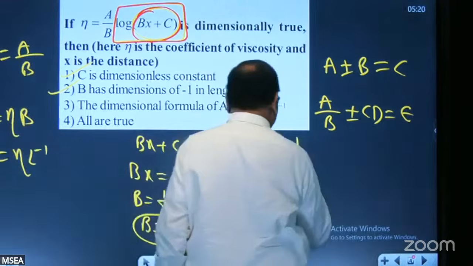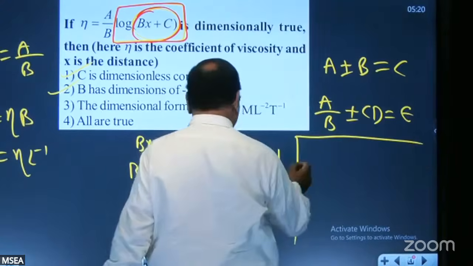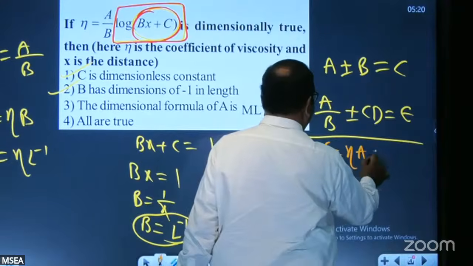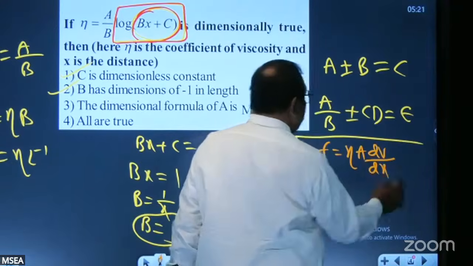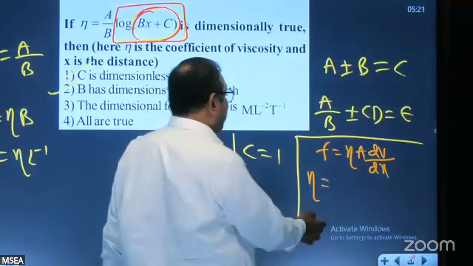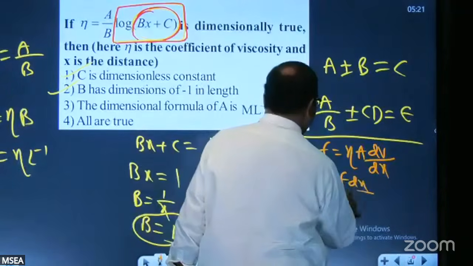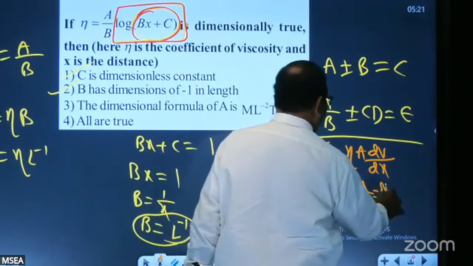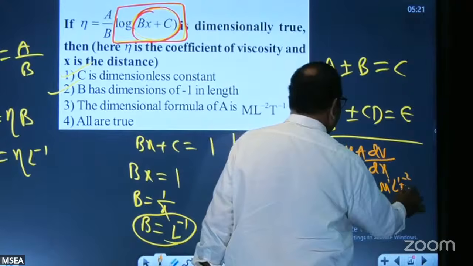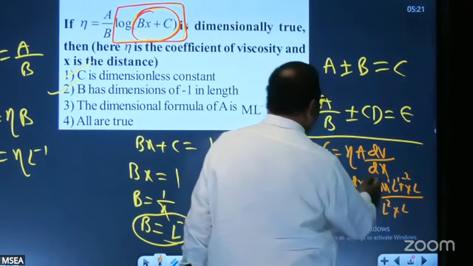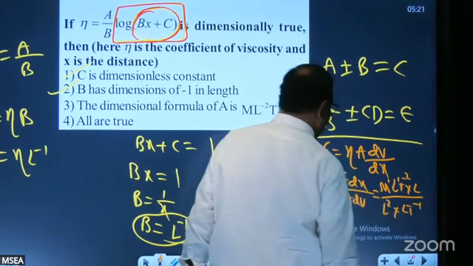Otherwise, you can take F equal to eta A into dV by dx. From this you can calculate; you need not remember the dimension formula. Eta equals F into dx by A dV, that is M1 L1 T minus 2 into L, divided by L square into the velocity L T minus 1.